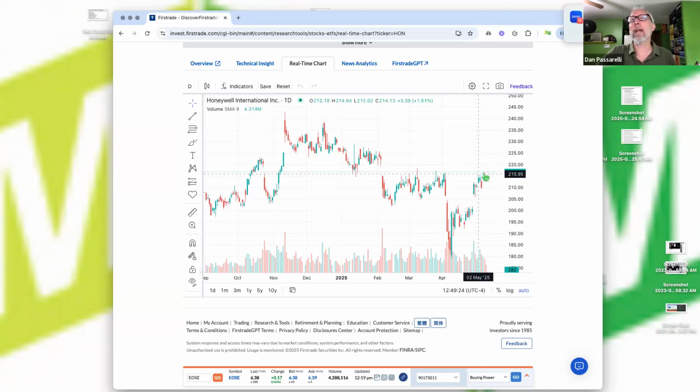But here we have very strong support. Bounced here, bounced here, bounced here, and in a different way, it just went right through it. I said support, I meant to say resistance. Strong resistance. But there's also a gap here too, isn't there? Not quite yet filled. So boy, oh boy, Honeywell could move around a lot.